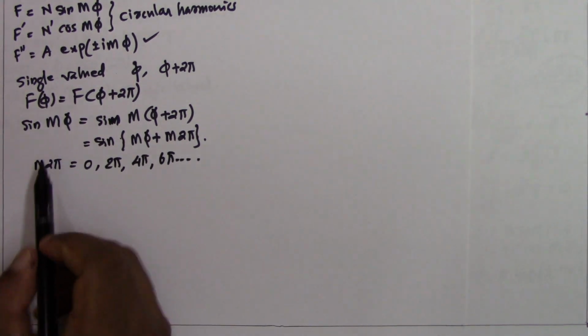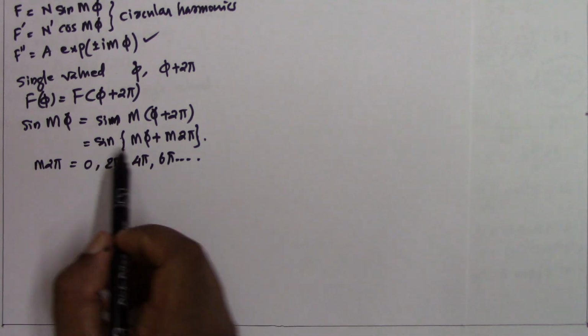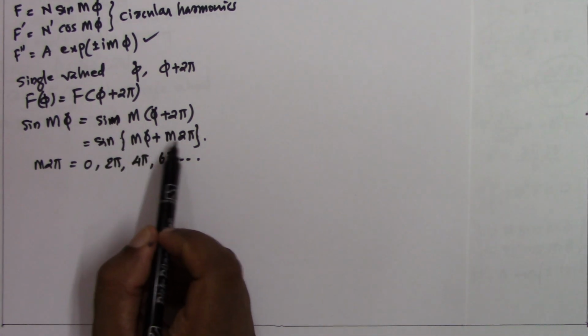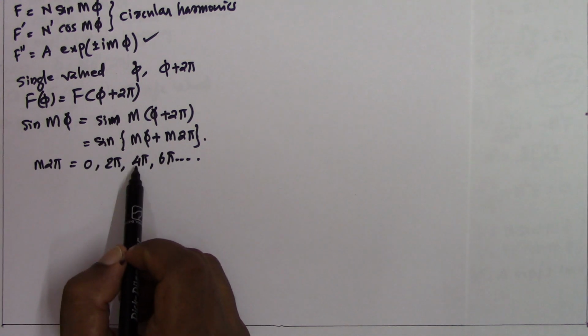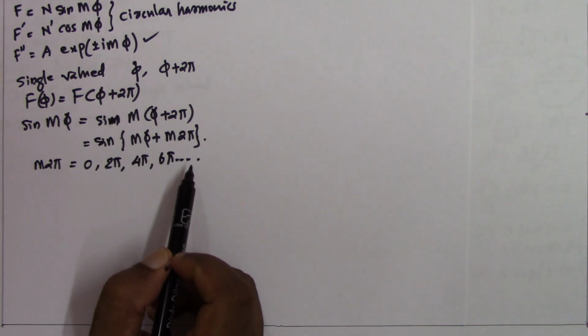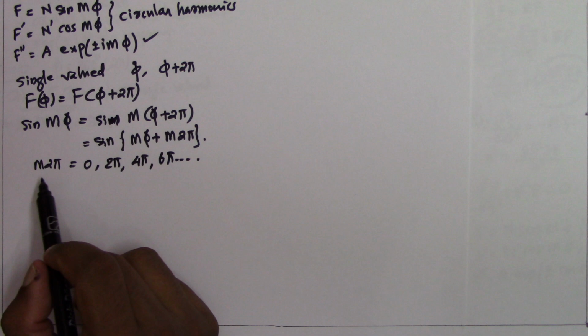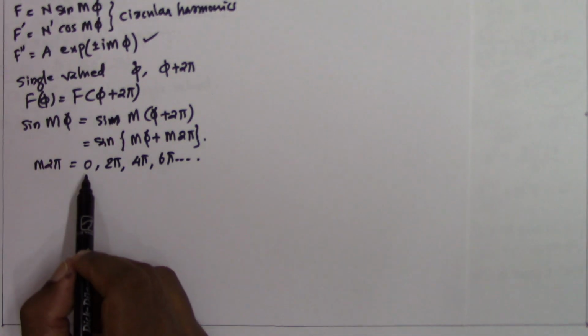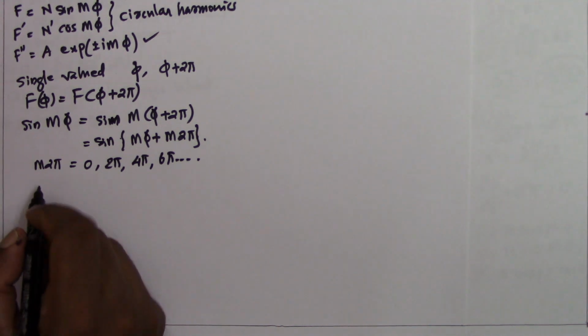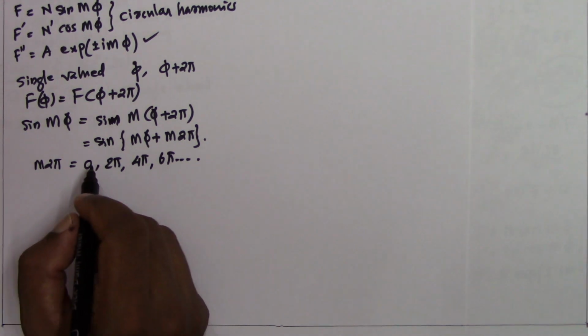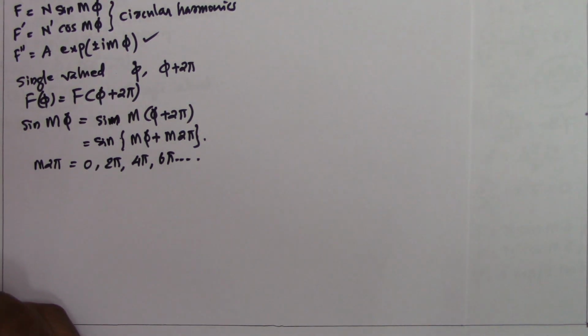Because we know that sine theta is equal to sine of theta plus 0, sine theta is equal to sine of theta plus 2 pi, sine theta is equal to sine of theta plus 4 pi, etc. So m 2 pi must be equal to 0, 2 pi, 4 pi, 6 pi, etc. It means that not only for these, for the negative values also it is possible.